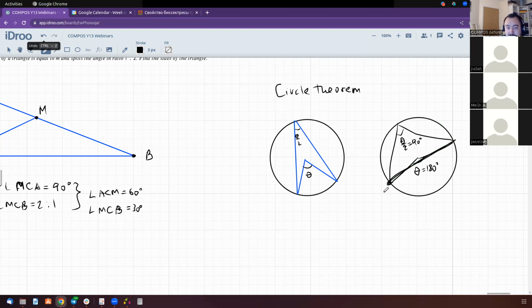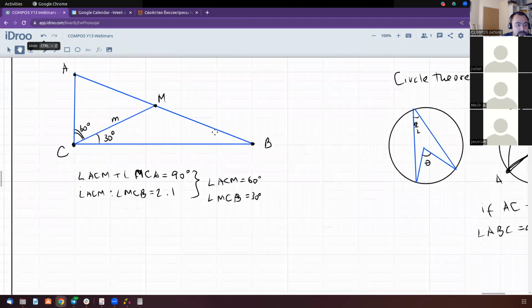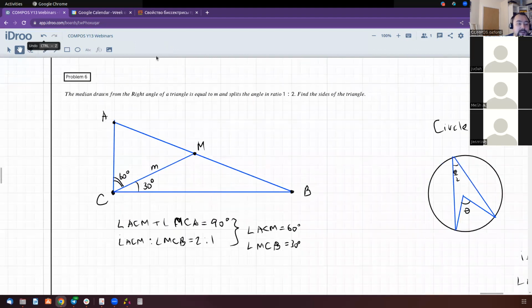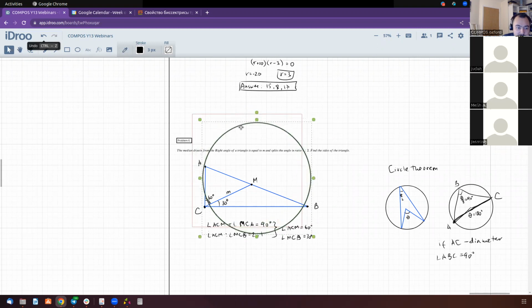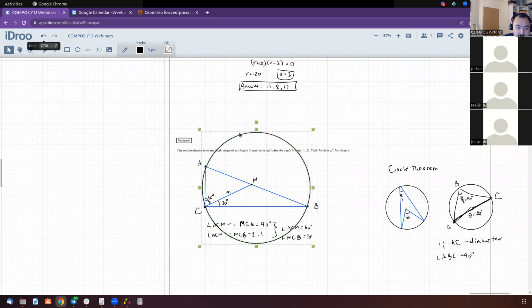If AC is the diameter, ABC is 90 degrees, which means that you can circumscribe a circle.